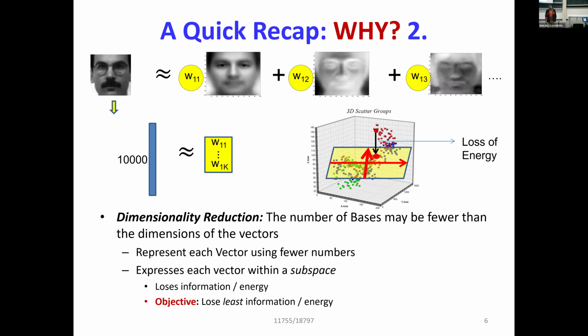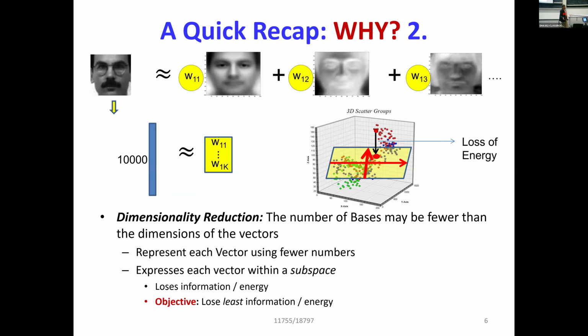The other reason was dimensionality reduction, where we saw, for example, that if you got your bases just right, the first few bases captured most of the information or most of the energy in the data. If I had 1,000-dimensional data, then in the naive representation, I'd have to give you 1,000 numbers to characterize the data fully.